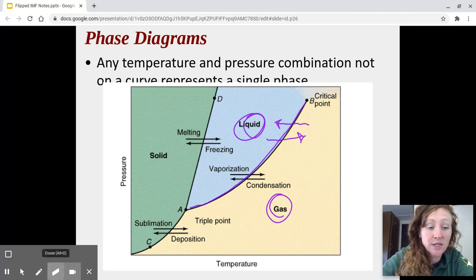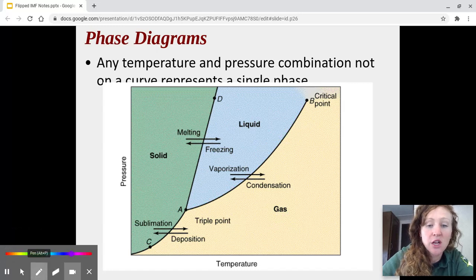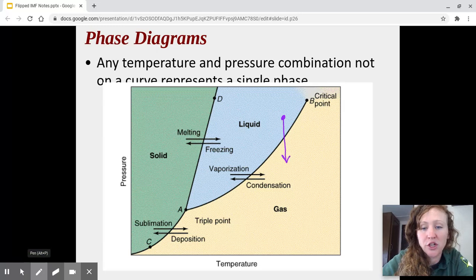You could do that horizontally at a consistent pressure. You can also do that vertically at a consistent temperature when you're changing pressure. So if we go from a low pressure to a high pressure at a specific temperature, you're going to get condensation. If you go from high pressure to low pressure at a specific temperature, you're going to get vaporization.